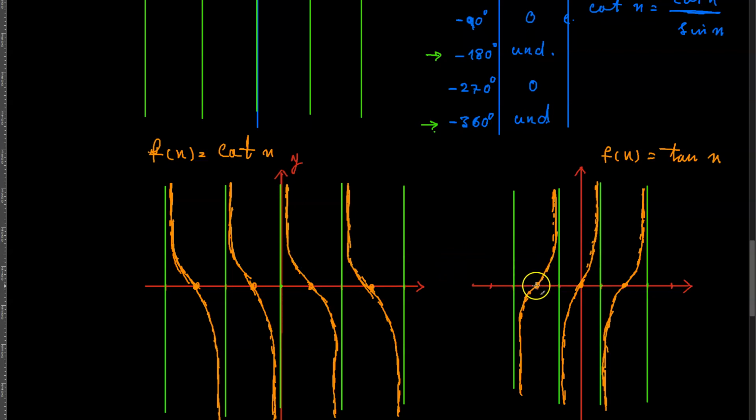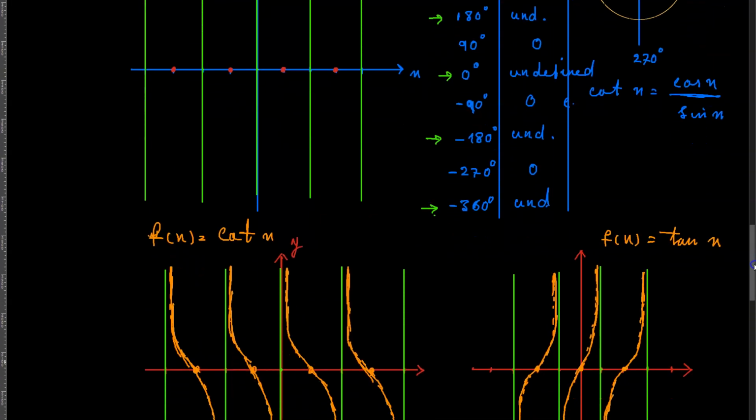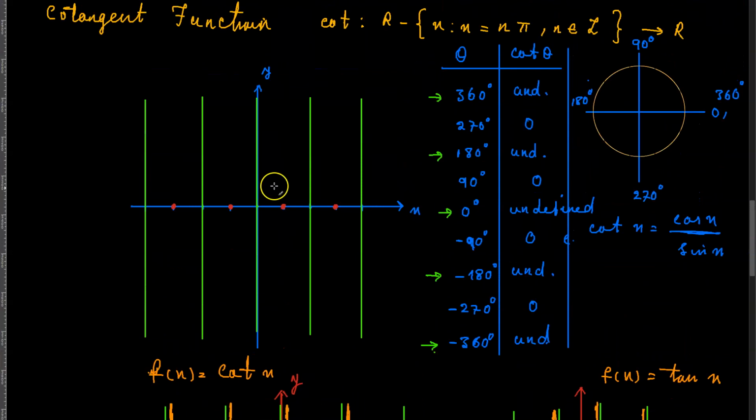And the tan function does the exact opposite of that every pi units, right? Now, you know that the output of the function at theta equal to 0 is, of course, undefined, meaning that you'll get a vertical asymptote over here.